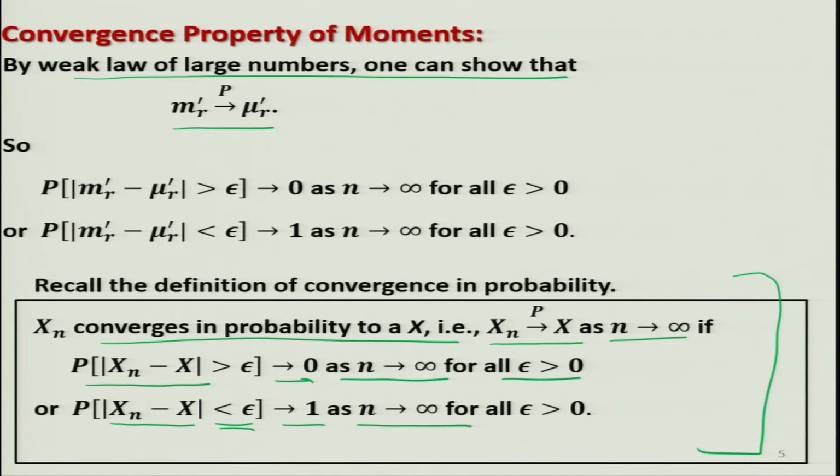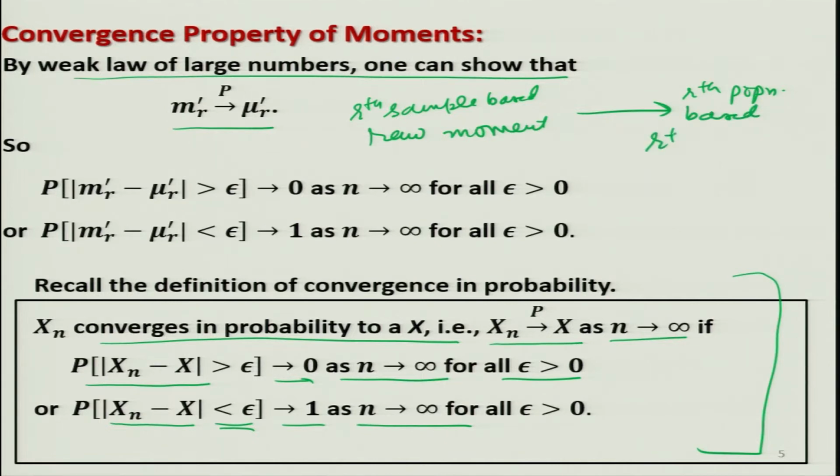That means the rth sample based raw moment tends to the rth population based raw moment, and this convergence happens following the rules of convergence in probability.